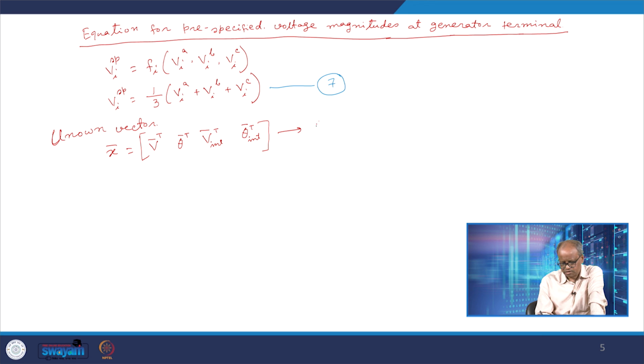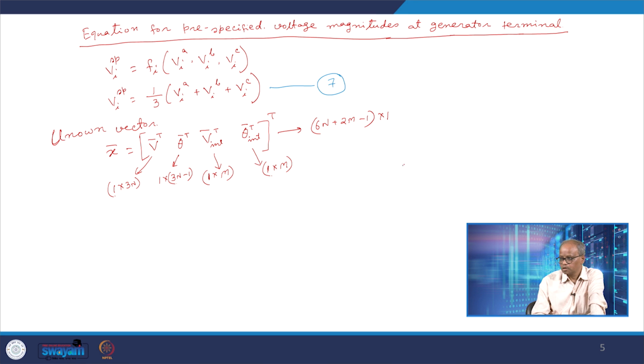So it would be a 6n plus 2m minus 1 cross 1 vector. What is Vt? This has got 3n cross 1, so it is now 1 cross 3n. This is now 1 cross 3n minus 1. This is 1 cross m, and this is 1 cross m, right?